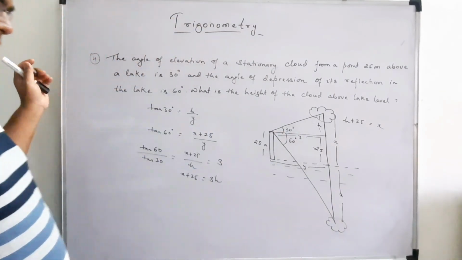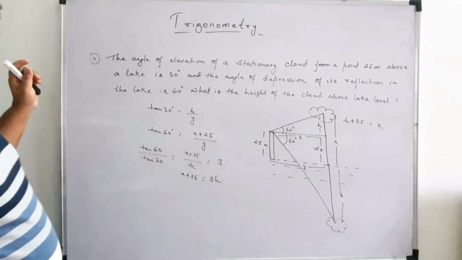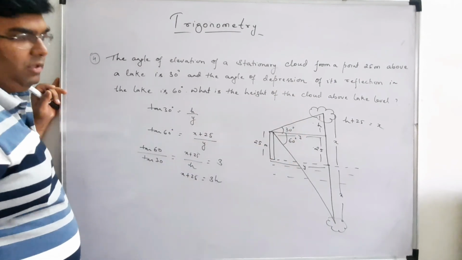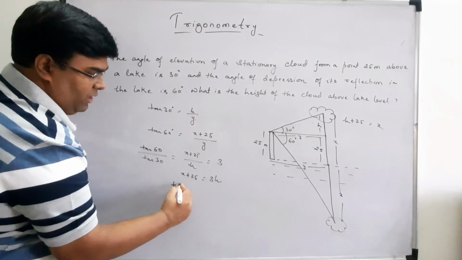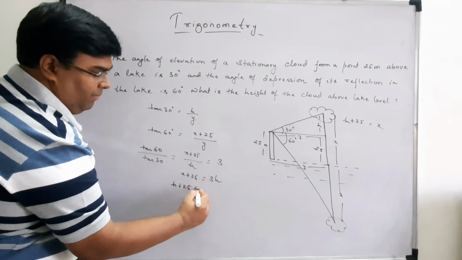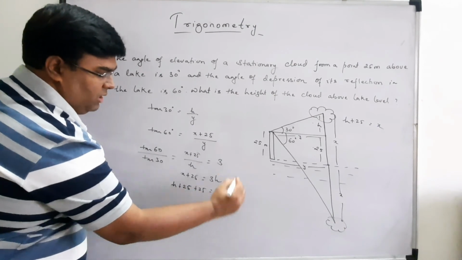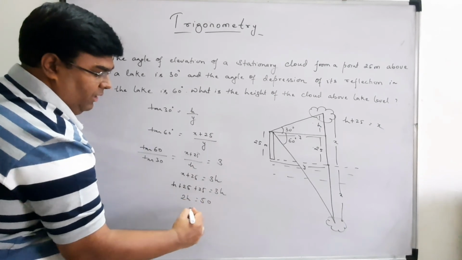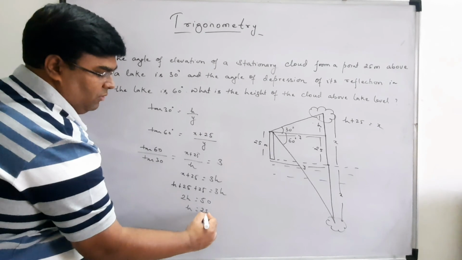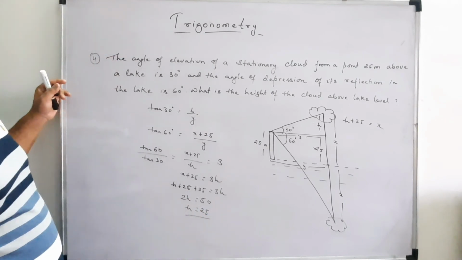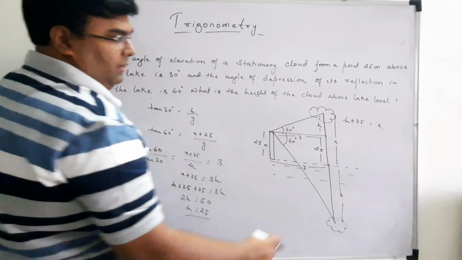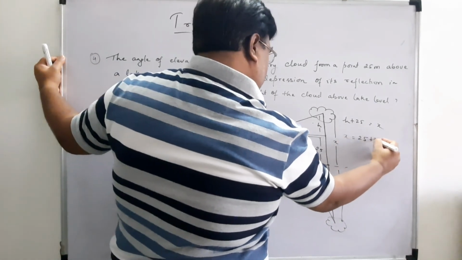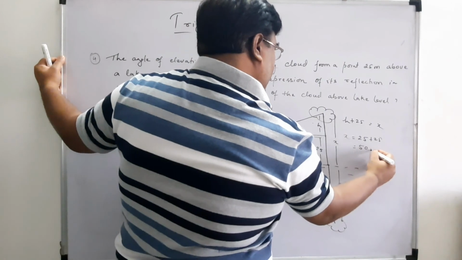X. Correct? So we can write x as h plus 25. So h plus 25 plus 25 is equal to 3h. H will go there, will be 2h equals 50. So h is what? 25. So what is the height of cloud from the lake? We need to find x only. So x is what? 25 plus 25, which is 50.